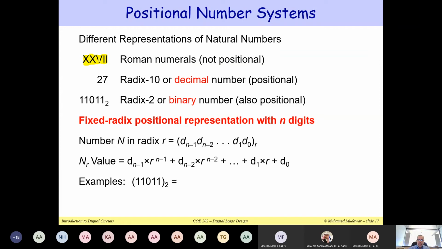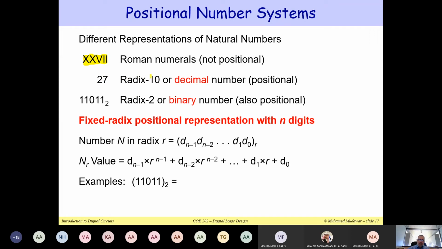So 10, 10, 20 plus 5, 25 plus 2 is equal to 27. Today, if you would like to write 27 in decimal, you write 2, 7. You know that this 2 here is positional, it's 20. And so this 2 must be multiplied by 10, so it becomes 20. Plus 7, it becomes 27. So this is the decimal number 27. So we use Radix 10.